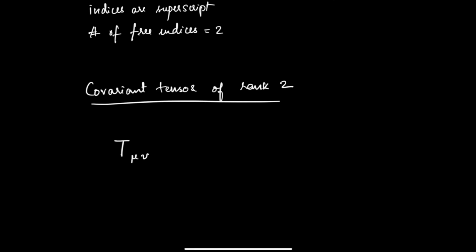So rank 2 means there should be two free indices. So I am writing mu and nu. Now primed, and in the other coordinate system let it be T alpha beta. I'm writing it as a subscript because it is a covariant tensor. Now, how does a covariant tensor transform? So here it is mu.